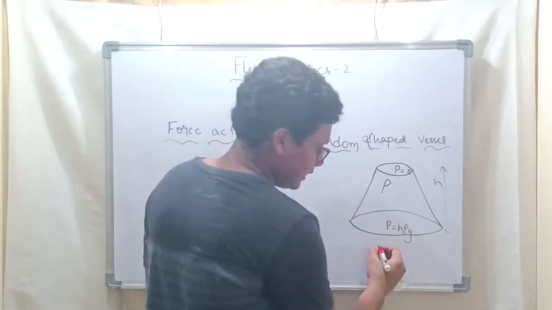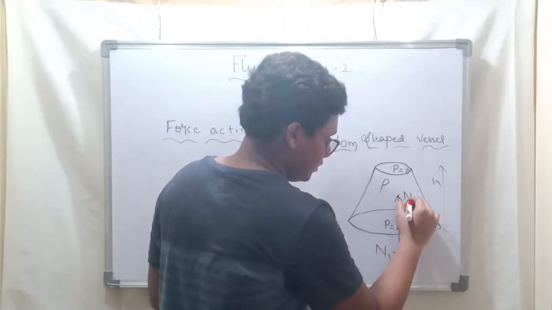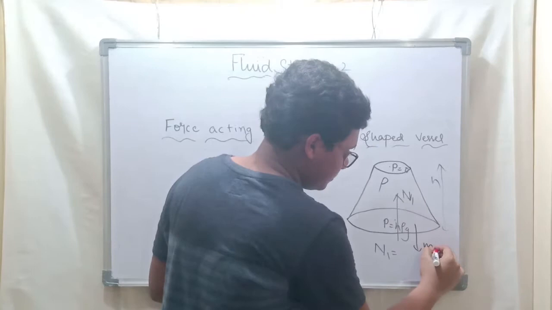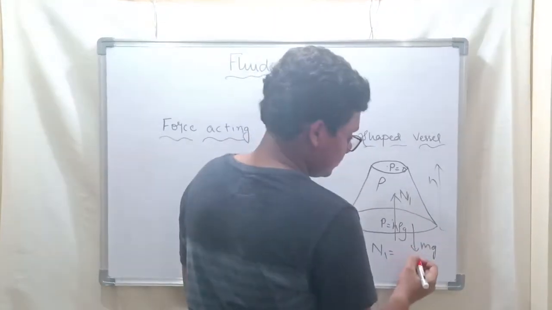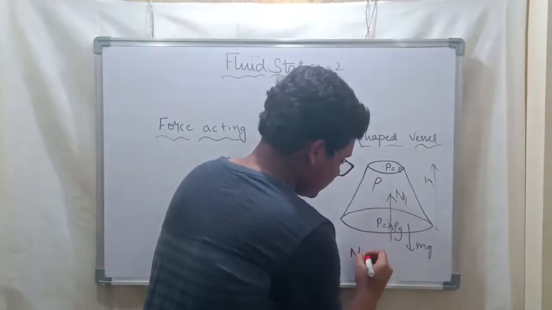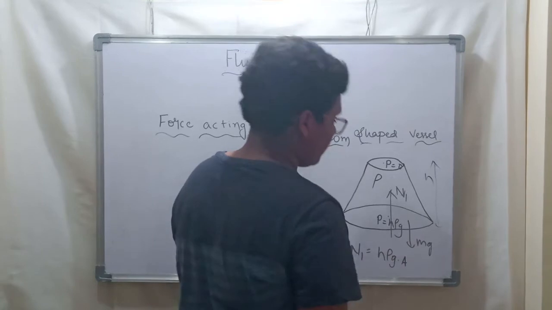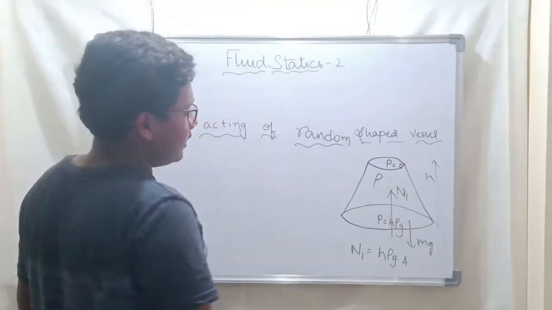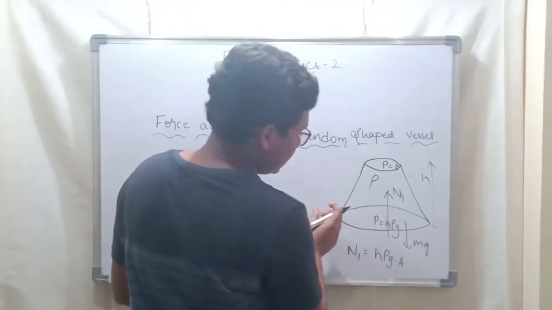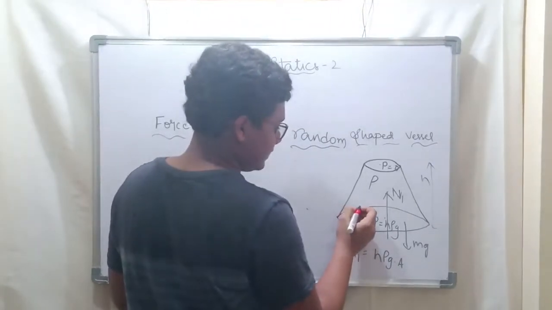We got that N1 is equal to N1 in this direction and mg in this direction. N1 is equal to h rho z into A. Here it will act in this direction, like this.